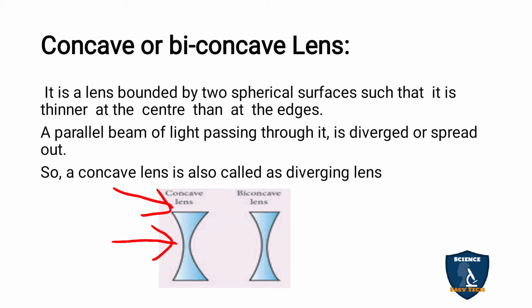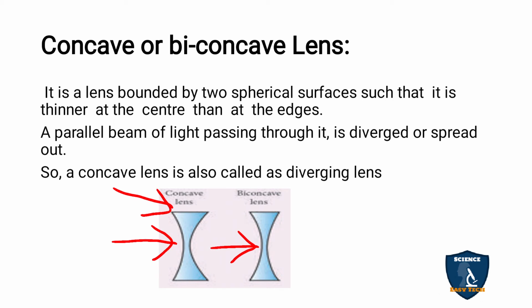It is a lens bounded by two spherical surfaces such that it is thinner at the center than at the edges.